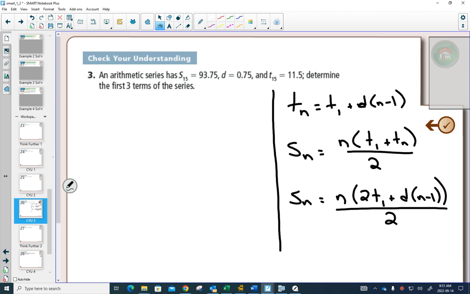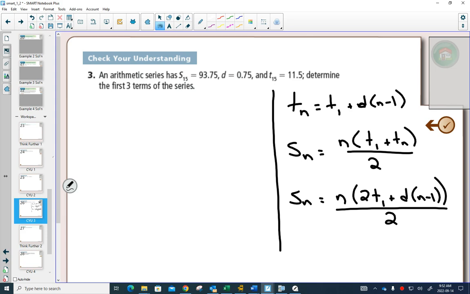Okay? Now, in this example, most of these formulas are going to work to solve this. What do we need to find? We need to find term 1, term 2, and term 3. We notice in our formulas that all 3 of these formulas have a term 1 in them.